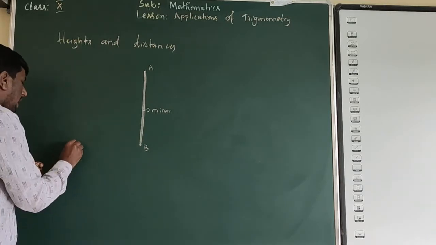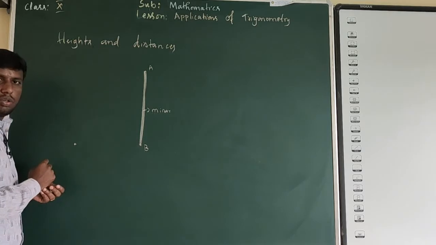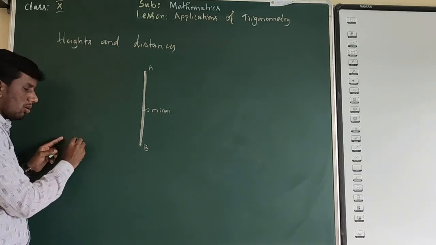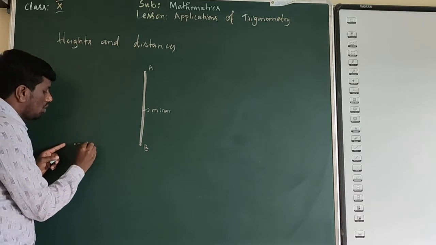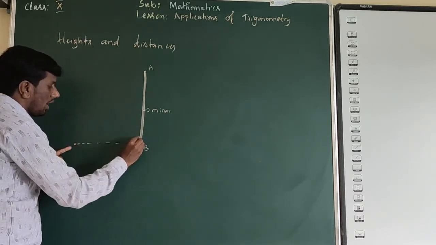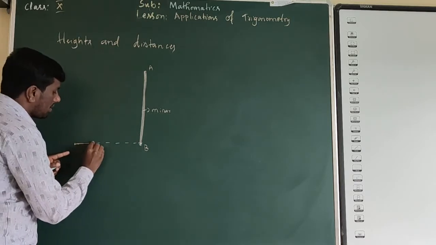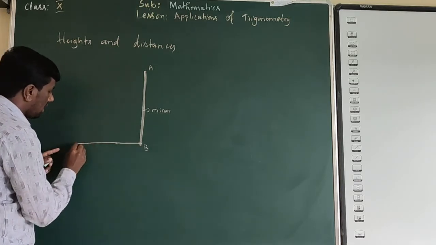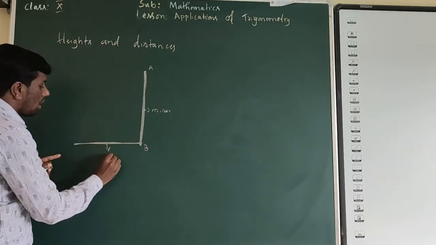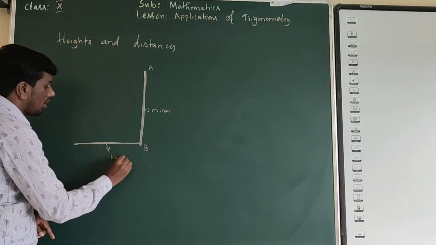So for that we need the angle. With the observer, I should join the bottom, the foot of the minar. Let us join this. This is the horizontal line.